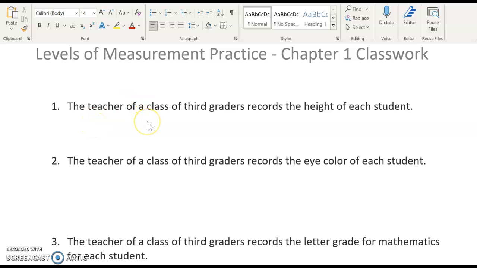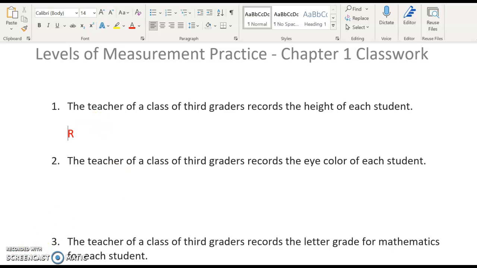Okay, so here we're going to do levels of measurement practice after watching the video we just did. The teacher of a class of third graders records the height of each student.